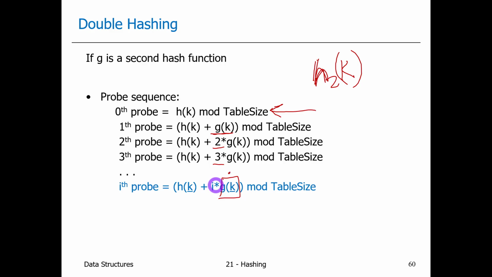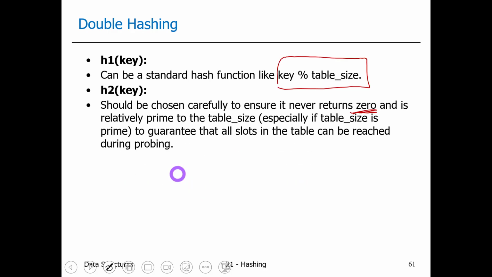And if this whole term becomes 0, you are left with the original hash function, which already gave you a collision, so that was not resolving anything. So you have to make sure that it does not return 0, and you also try that it is relatively prime to the table size, especially if the table size is a prime number, to guarantee that all slots in the table can be reached during probing.